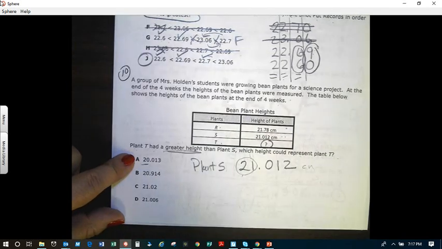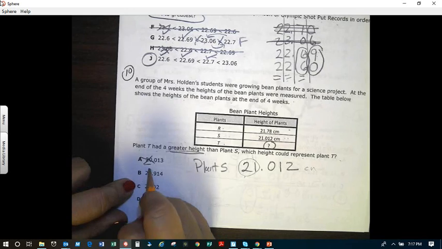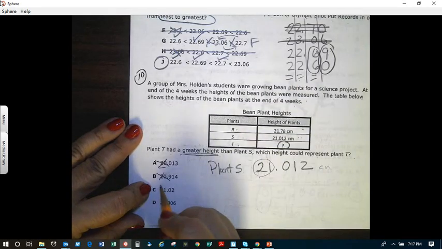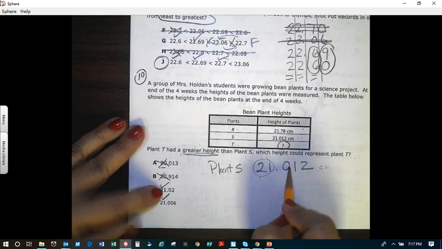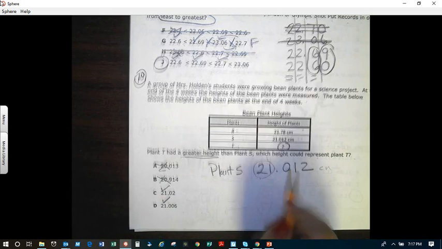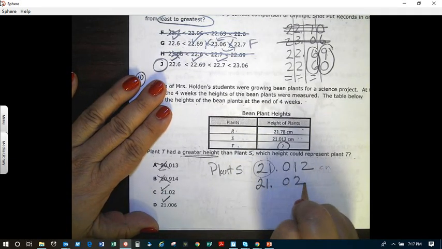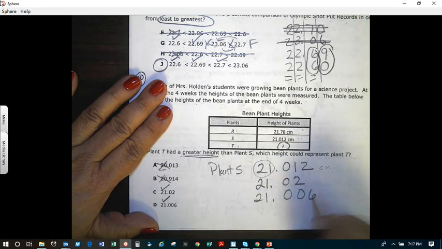Because plant T had the greater height. So that won't work. This won't work. And now we're at this one right here. So I have 21. That's right. And 21. That's this. So now I have to have it greater than. So I'm going to place this here. 21 and 2/10 and 21 and 6/1000. 0.